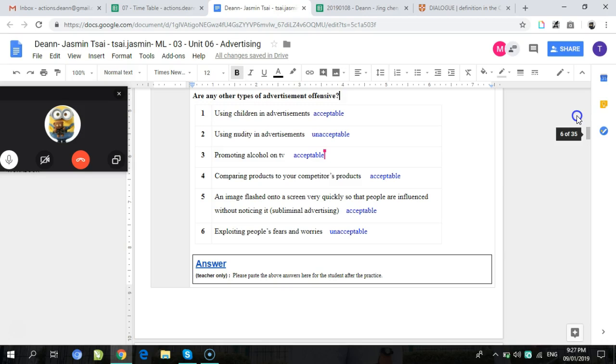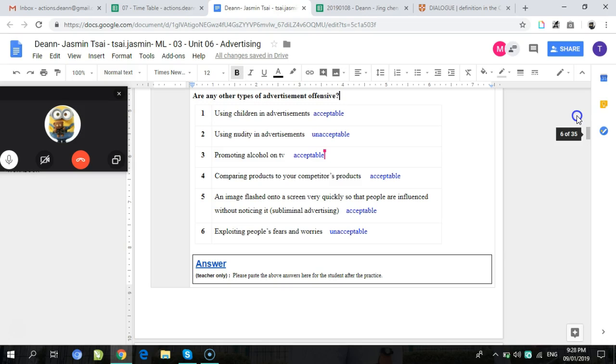Yeah. I think it's okay to compare the products to your competitors', but it is not okay to mention them. For me, you can just tell them that it's brand X and not the name of the brand, because there are also a lot of people who like a certain brand. If you mention other brands' products, it would make them look bad, and make bad impressions about those brands.